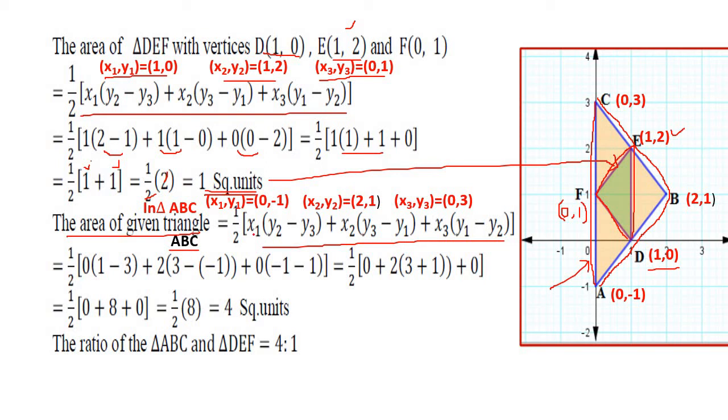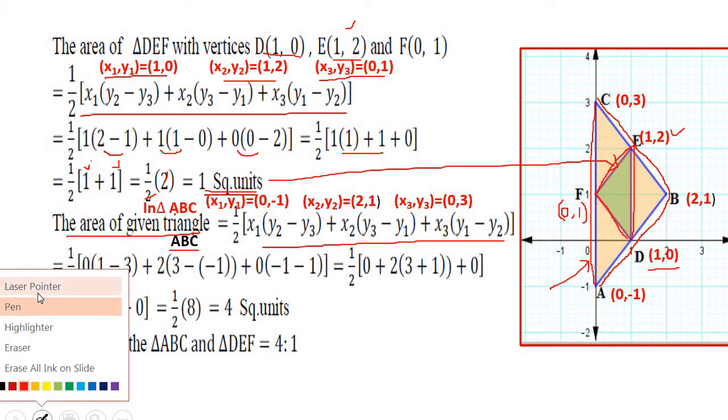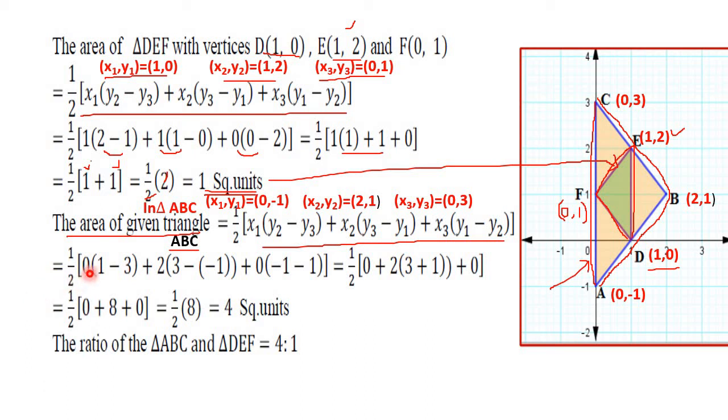Half into the value of x1 is 0, x1 is 0 into (y2 is 1 minus y3 is 3), plus x2 is 2, then (y3 is 3 minus y1 is minus of minus 1), plus then x3 is 0, open the bracket, y1 is minus 1 minus y2 is 1.